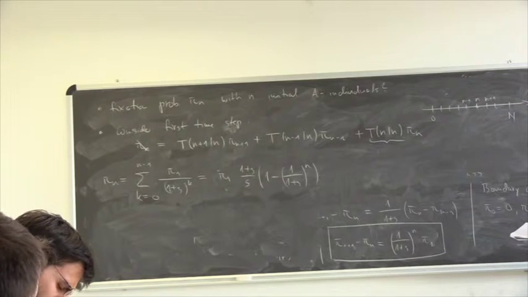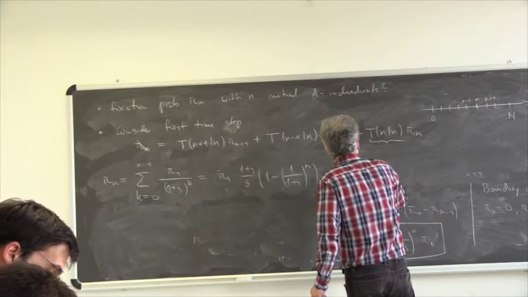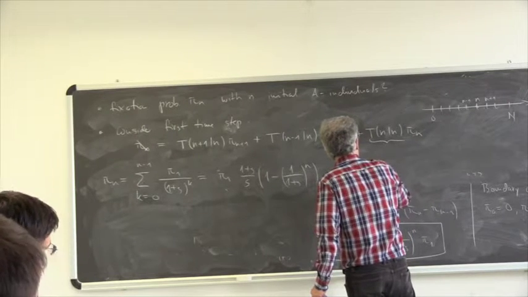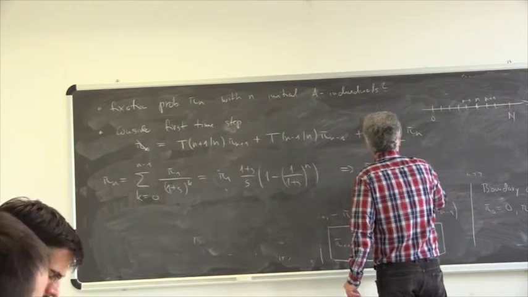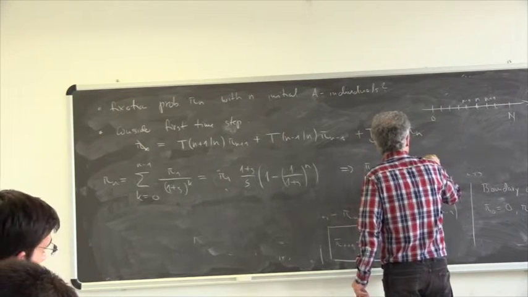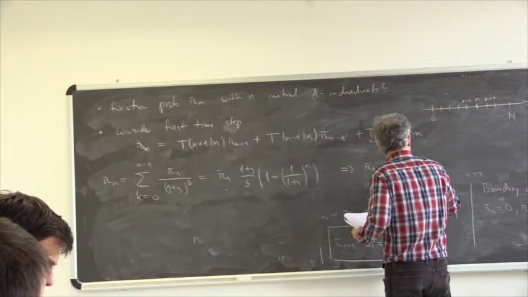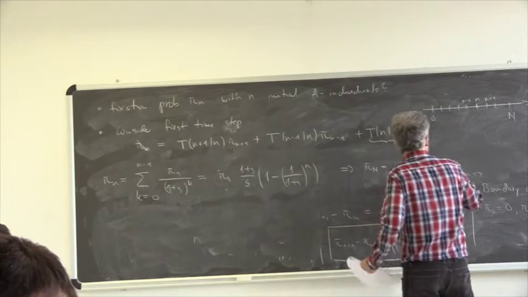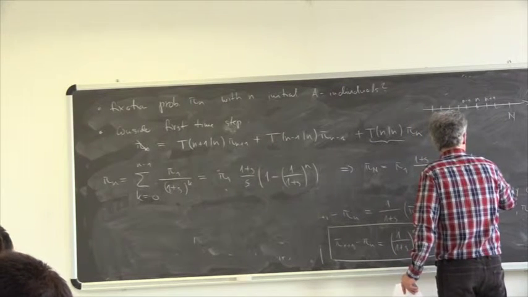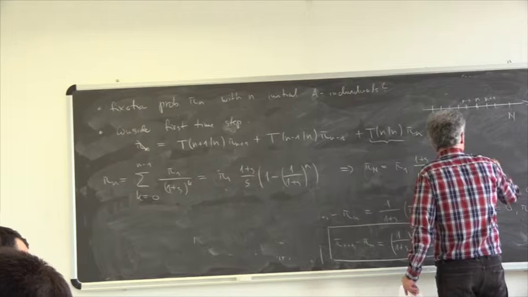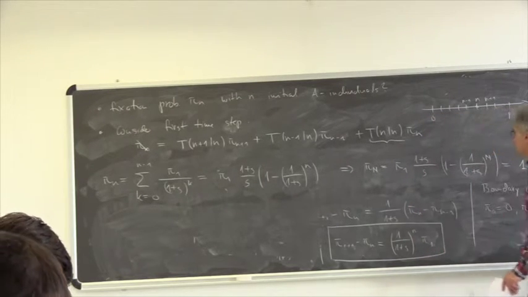And at that point I can use the second boundary condition, so that tells me that if I go to the other boundary, pi capital N is equal to pi 1 times the same expression with a capital N here, but this has to be equal to 1.